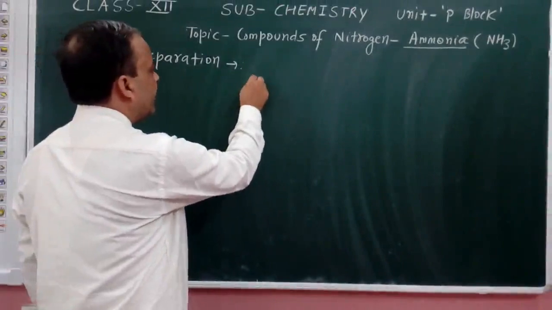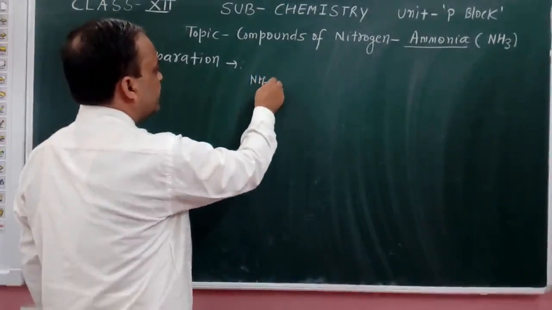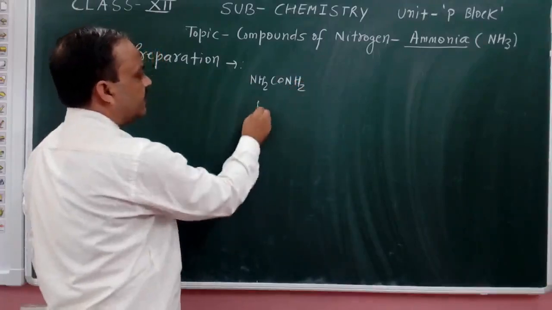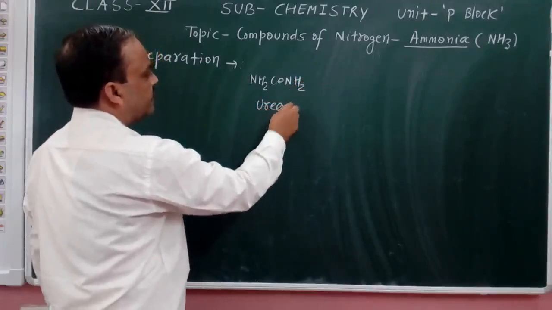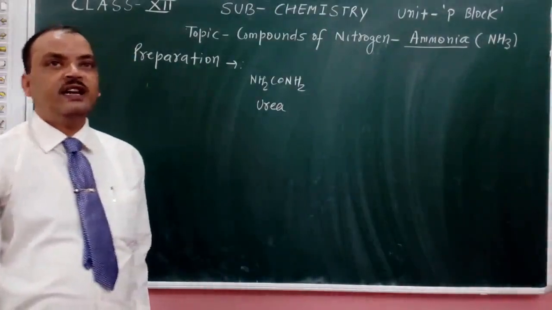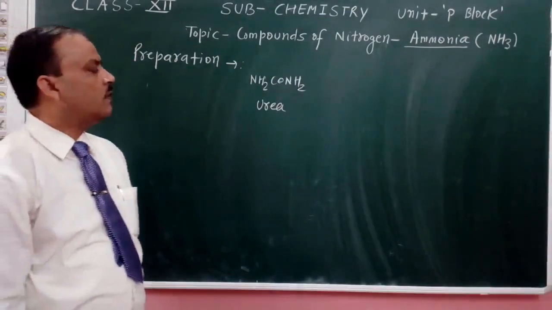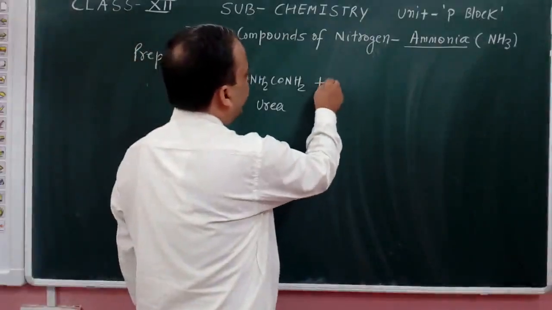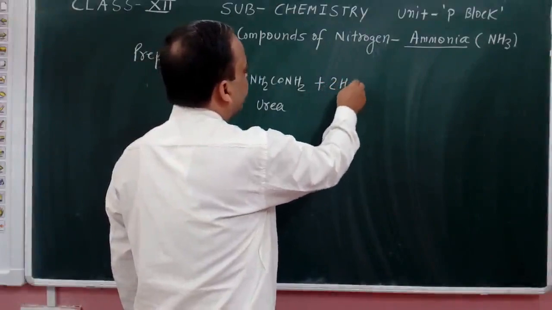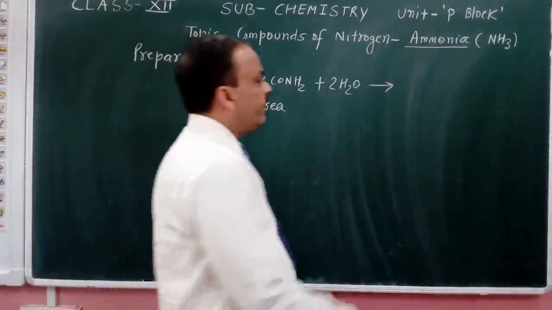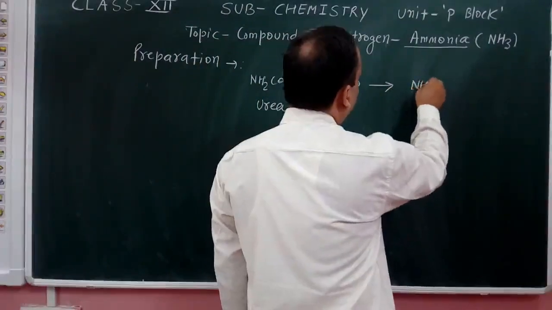in general, we have nitrogenous organic compounds, that is NH2CONH2, urea. It is formed in the living organisms. So when the nitrogenous organic compound gets decomposed in this way, we get ammonium carbonate.